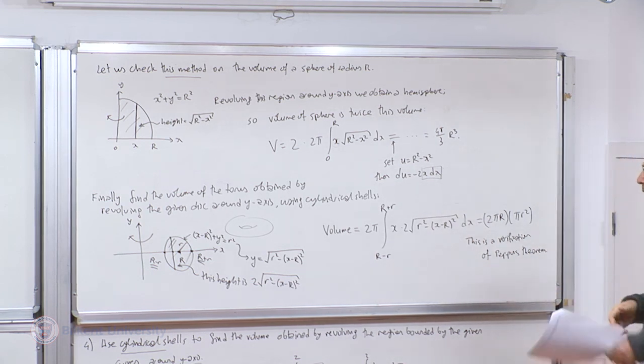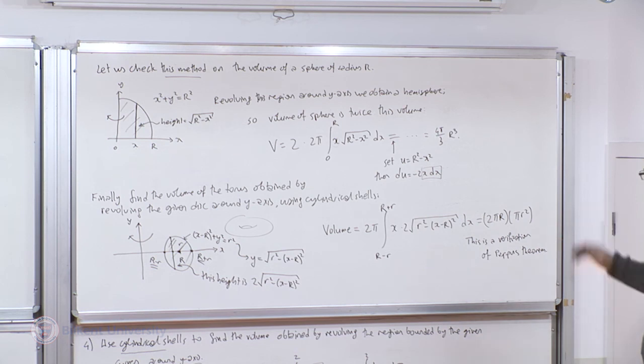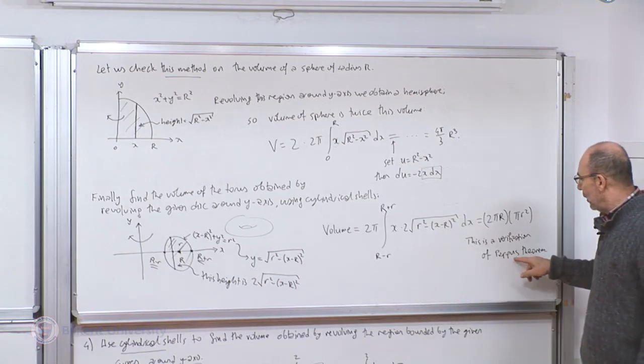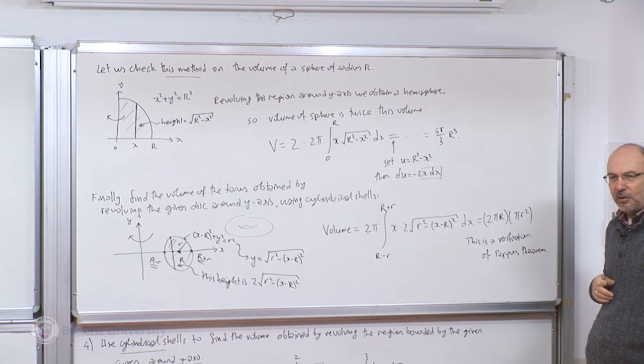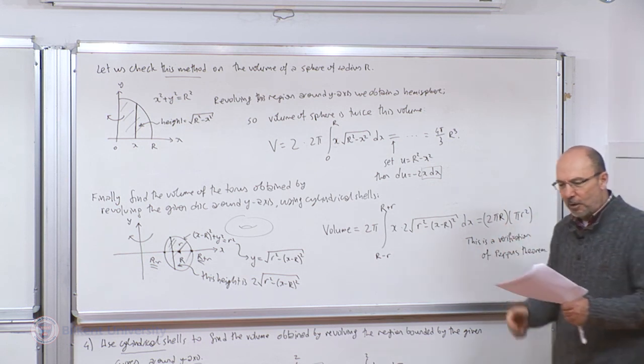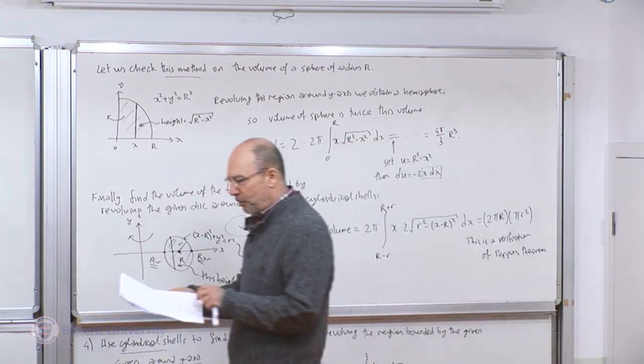So if you knew Pappus theorem, you could calculate this without using an integral. Okay, but the bottleneck in Pappus theorem is to find the center of mass of the figure. If this one is totally trivial, you have a circle, the center of mass is the center of the circle, and it obviously travels 2 pi R, so distance times area. Okay, so let's take a break here and nothing new.